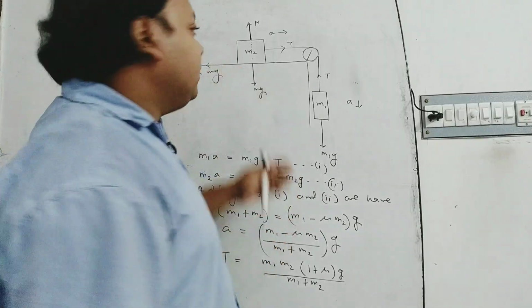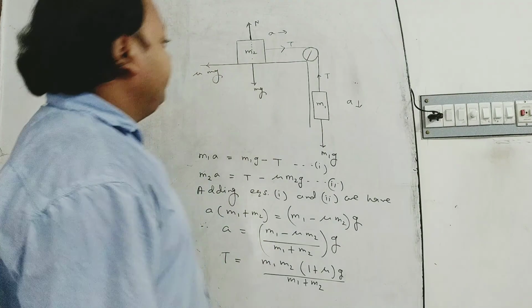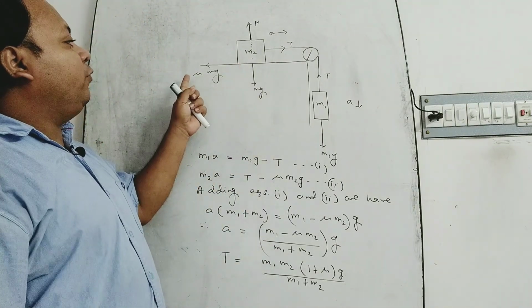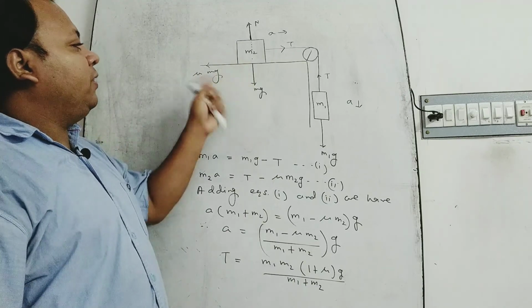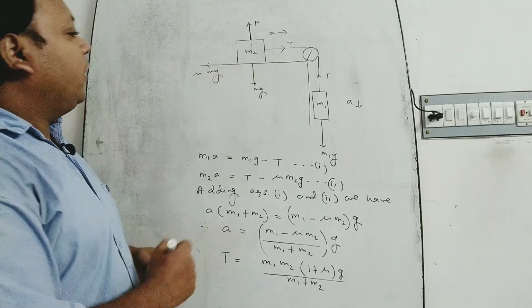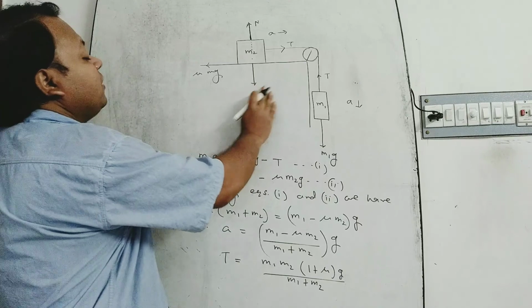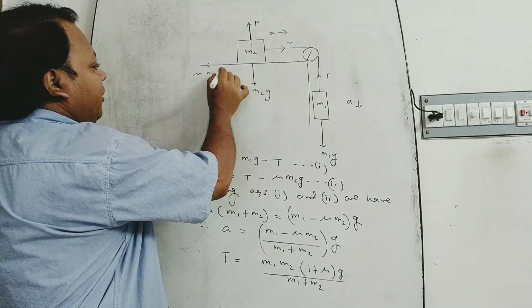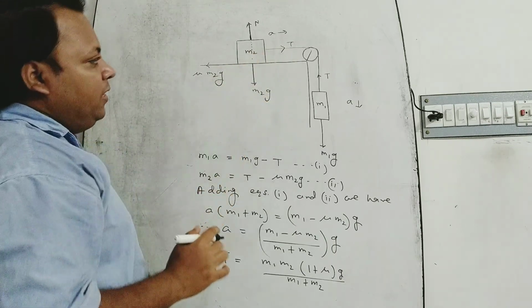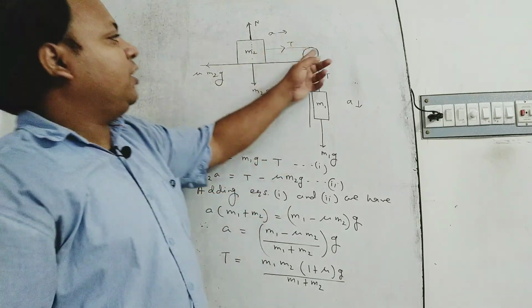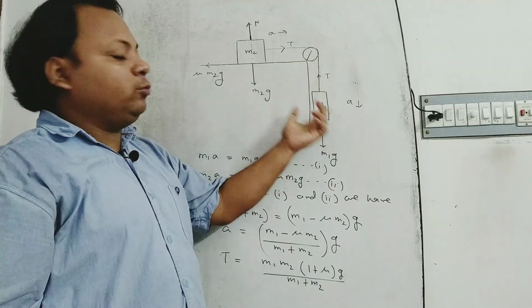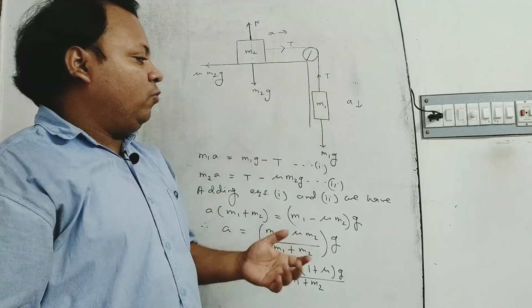Now a body is placed on a horizontal table, having coefficient of friction mu between the table and the body. Here m2 is the mass of the body and it is connected by a string through a frictionless pulley, and this string is attached to another body having mass m1.